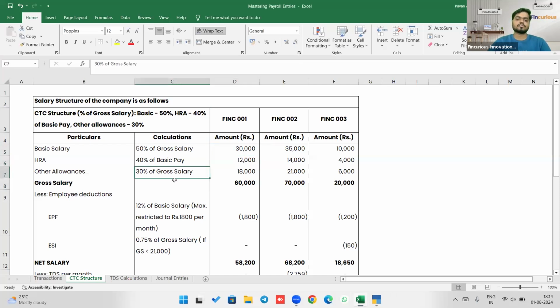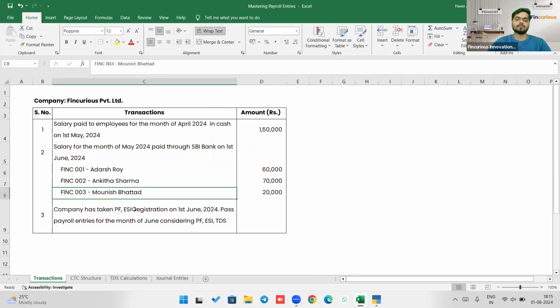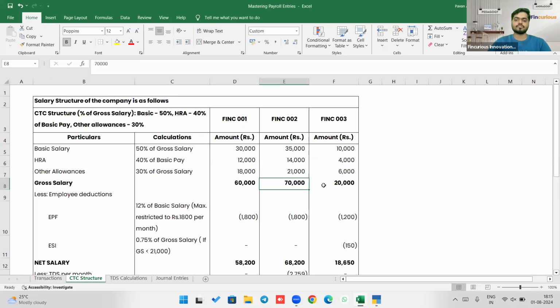And 30% of gross salary is other allowances, so 60,000 into 30% will come to 18,000. If you add these three, you get 60,000, which matches the gross salary. So these calculations are absolutely correct. In the same manner, you do it for Ankita Sharma and Monish Bhattar, for 70,000 and 20,000, calculating basic, HRA and other allowances as per the CTC structure given in the question.